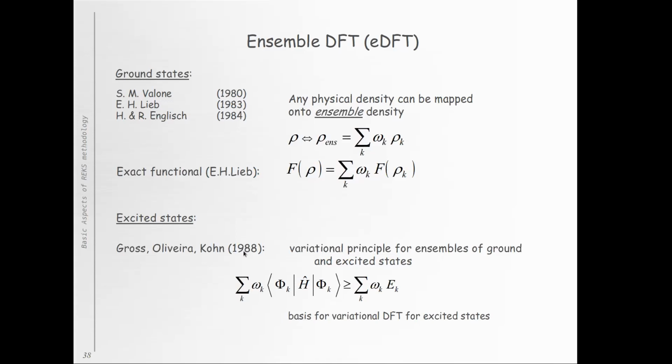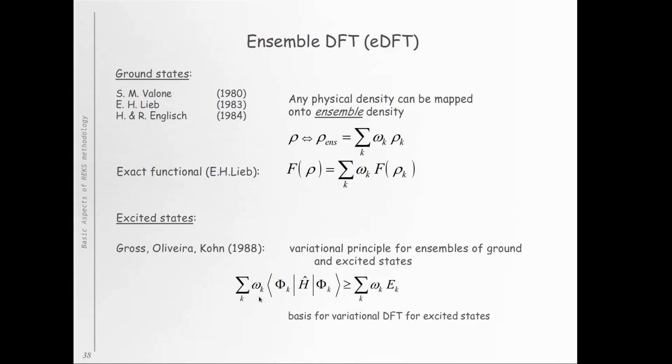Later, at the end of the 80s, the concept of ensemble DFT, which was formulated first for the ground state, was extended to excited states, where the variational principle for ensembles of ground and excited states was proved by Gross, Oliveira, and Kohn.